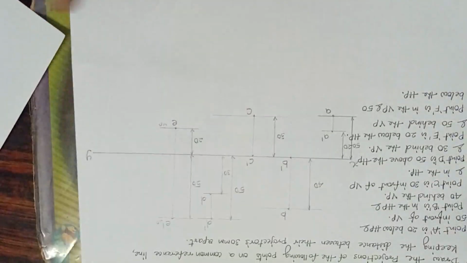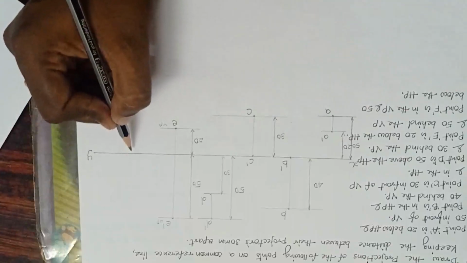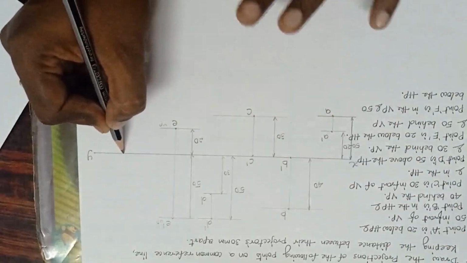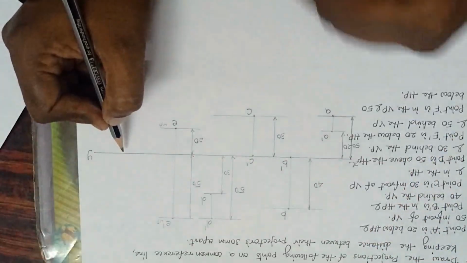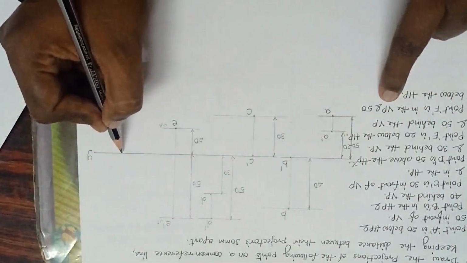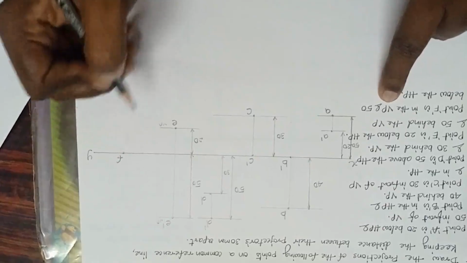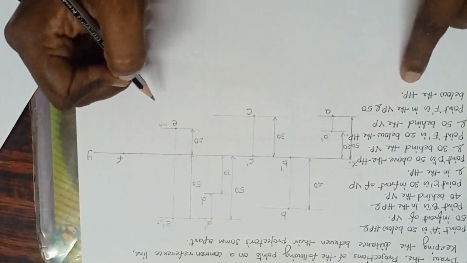Now let us come to the point F. Point F is in the VP, which means I have to draw in the XY line only. In the HP also I have to draw in the XY line. But if he says in the VP, it is falling on the HP, so no need to put the dash. This is F.